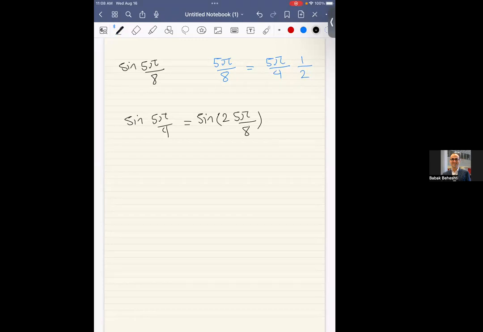But this is equal to 2 times sine of 5 pi over 8 times cosine of 5 pi over 8.